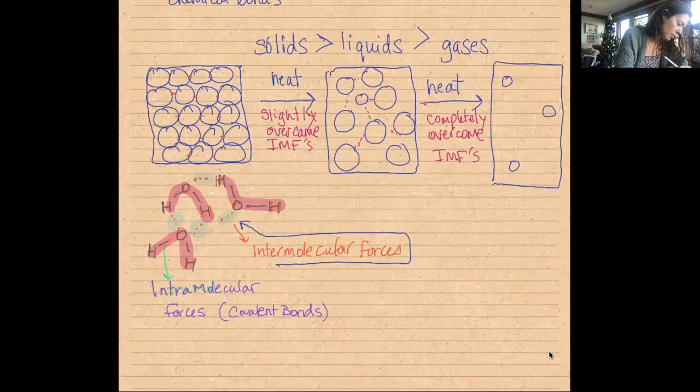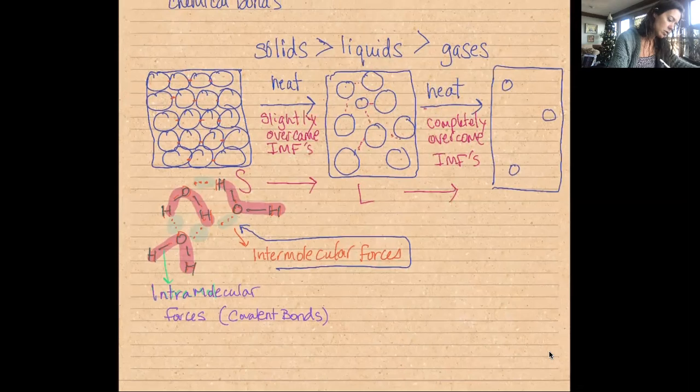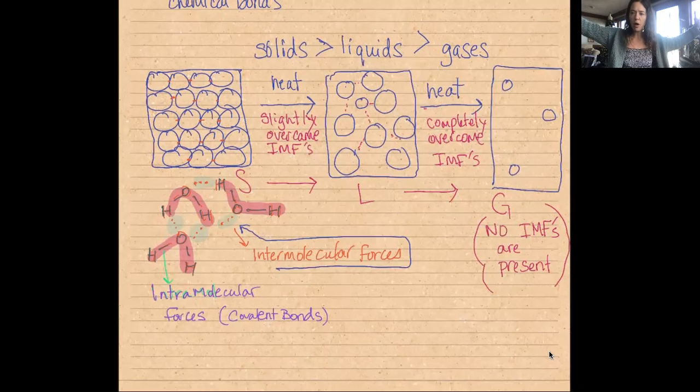So as we go from the solid to the liquid, we pull them apart. We kind of overcome those forces of attraction. As we go from the liquid to the gas, we totally overcome forces of attraction. And we actually assume that no intermolecular forces are present. That is a common assumption, such that the particles are as far apart as they can be. They're not drawn to each other.